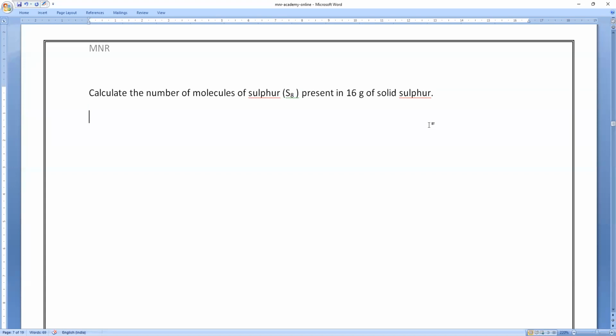Shall we start? It's very simple. S8 is there. They are asking for the number of molecules. But what is given? Mass is given. Write the given data. Given mass is 16 grams, and they're asking for the number of particles.